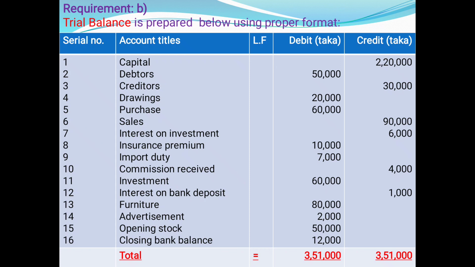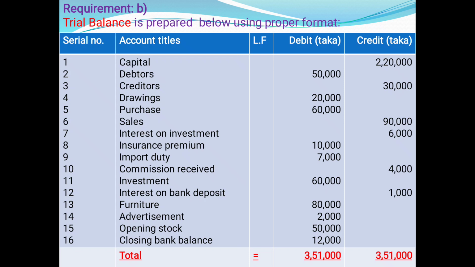In a trial balance, total debit is to be equal to total credit. In this trial balance, debit total is taka 3,51,000 and credit total is taka 3,51,000. This is the total amount of this trial balance. So it is equal, it is the perfect one.